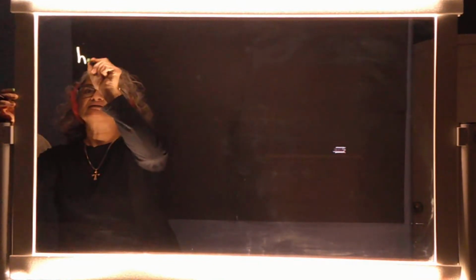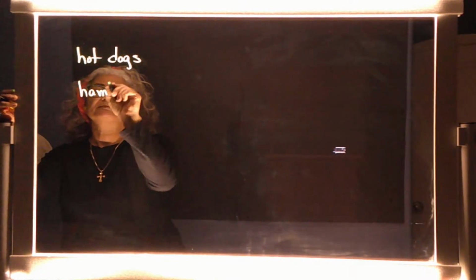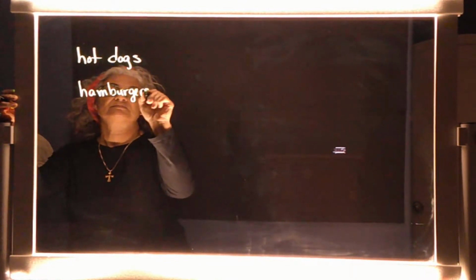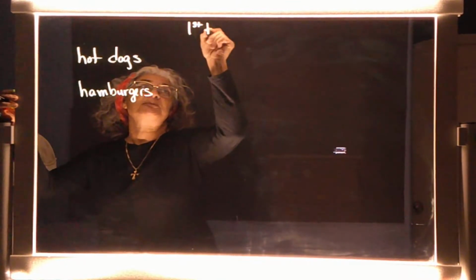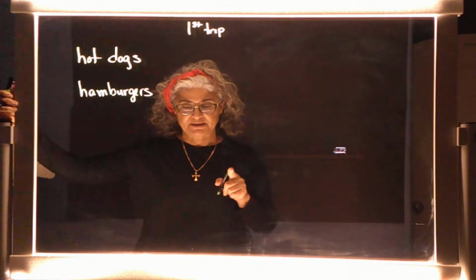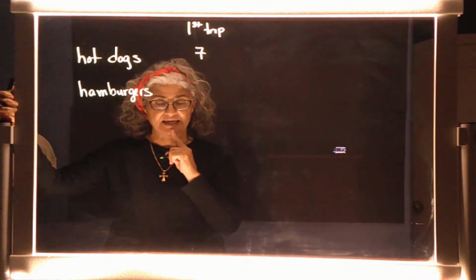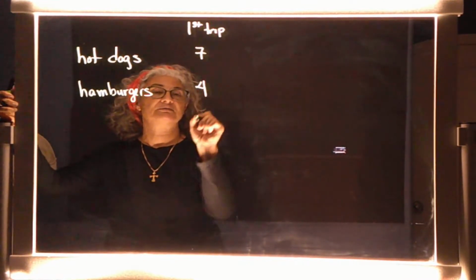Okay? When we read this story through the first time, it sounded like there were 2 trips they made to the concession stand, right? And both times they bought hot dogs and hamburgers. Agreed? And it sounds like on the first trip they bought 7 hot dogs and 4 hamburgers.